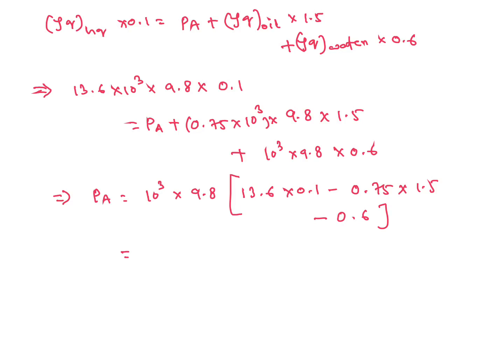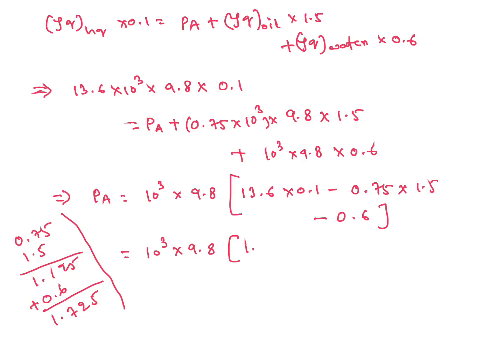So 10 to the power 3 into 9.8, 13.6 into 0.1, which we calculate separately, is 1.36, minus 0.75 into 1.5 which is 1.125, minus 0.6. It will come 10 to the power 3 into 9.8 into minus 0.665.